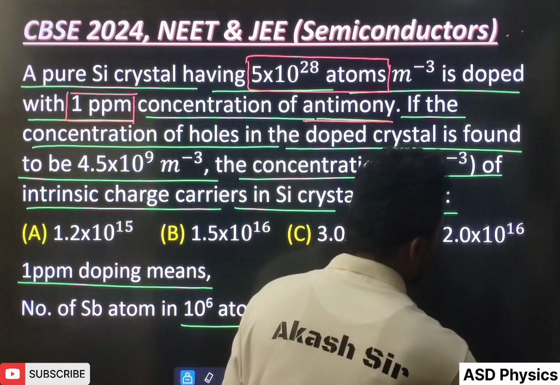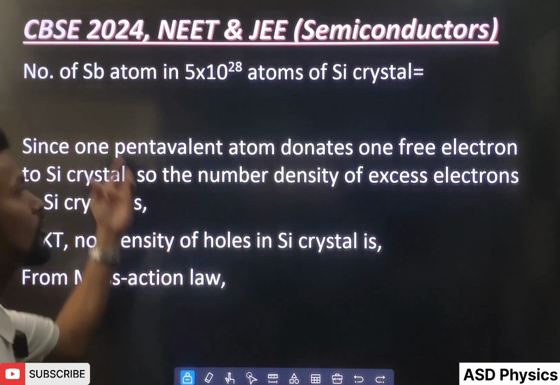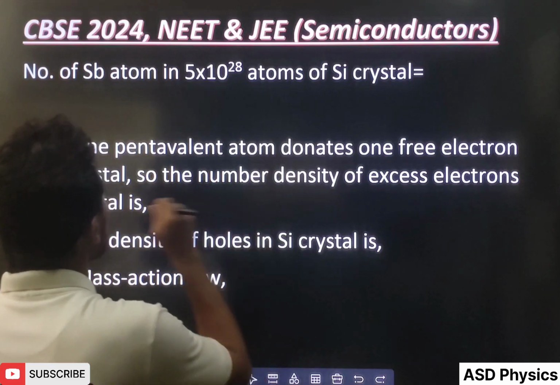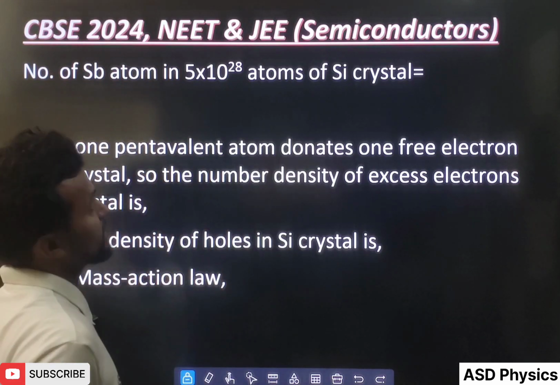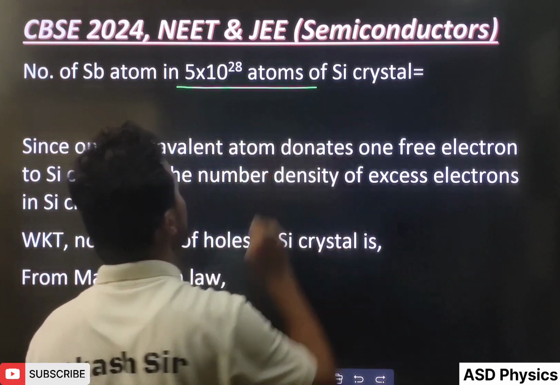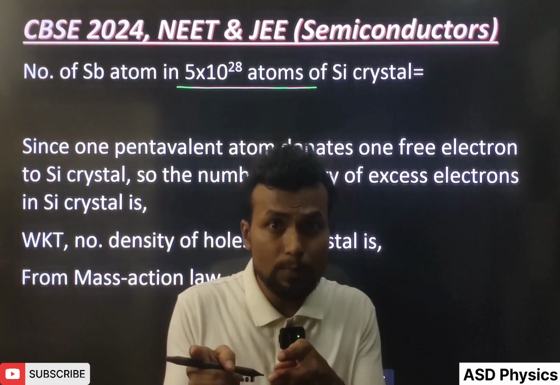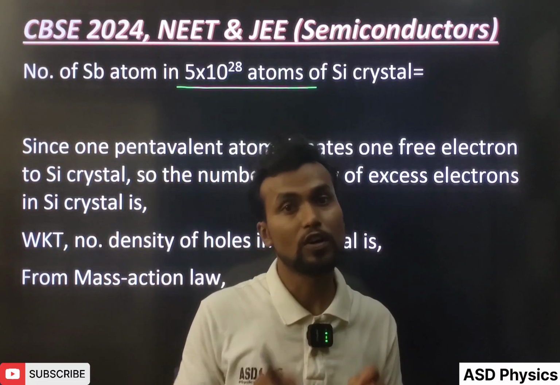Now, the number of antimony atoms in 5 into 10 to the power 28 atoms of silicon crystal. You know very well 10 to the power 6 stands for 1.